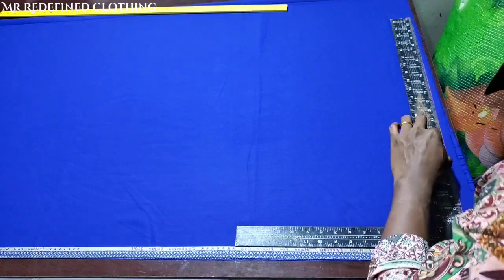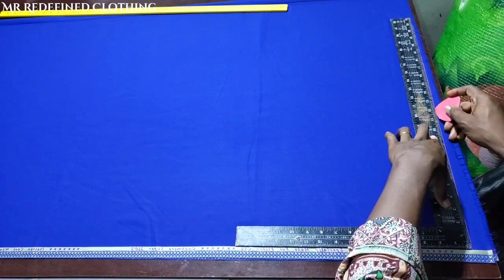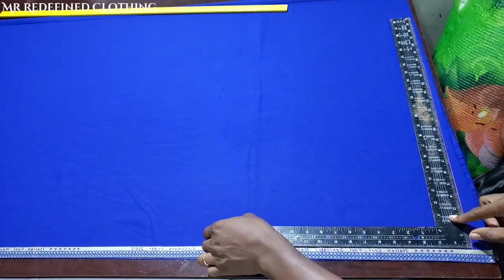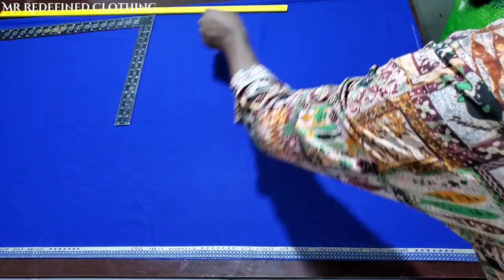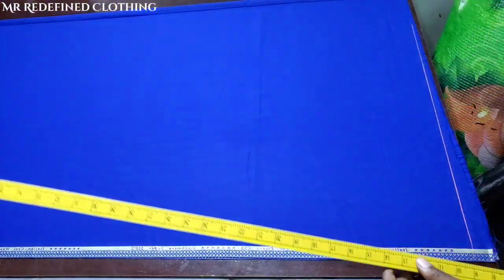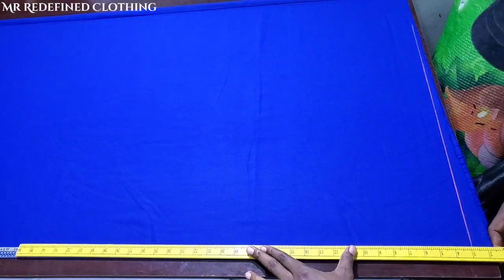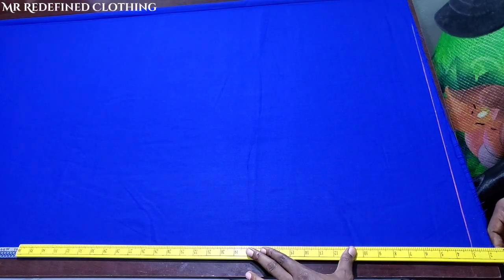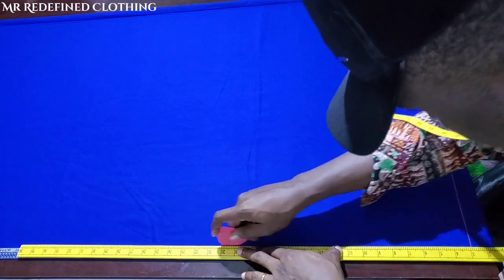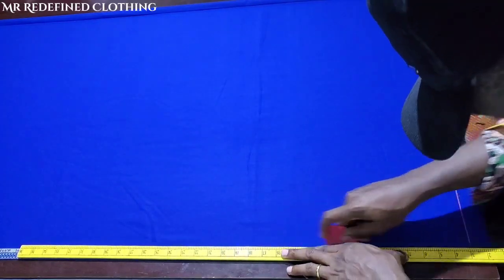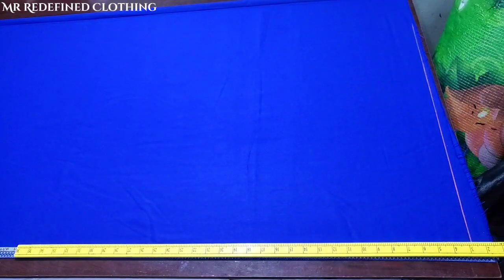This helps you get a straight line with ease, so you don't need to bother whether the line is straight or not. Then you also use your straight ruler and mark out the side line from here as well.